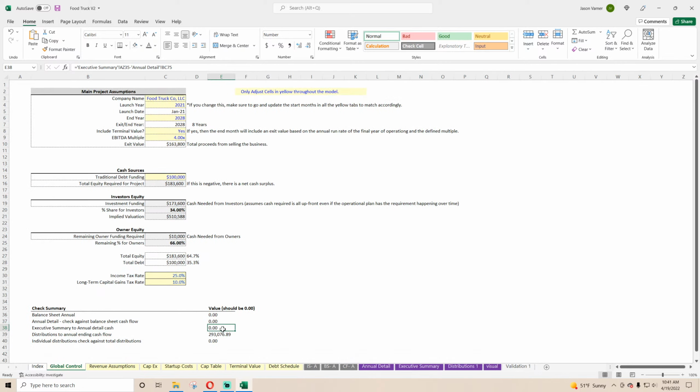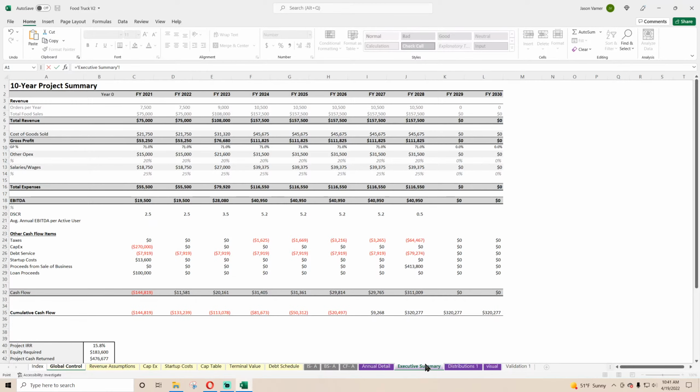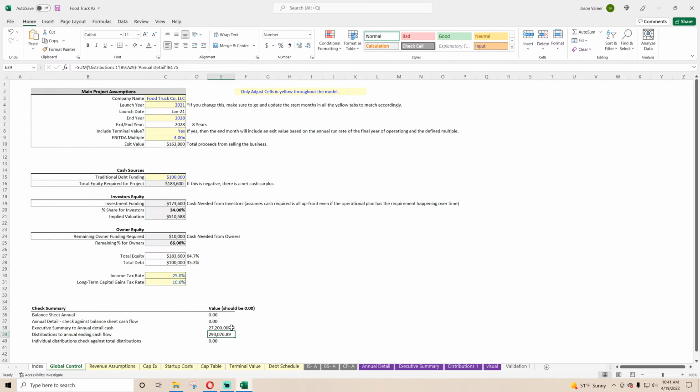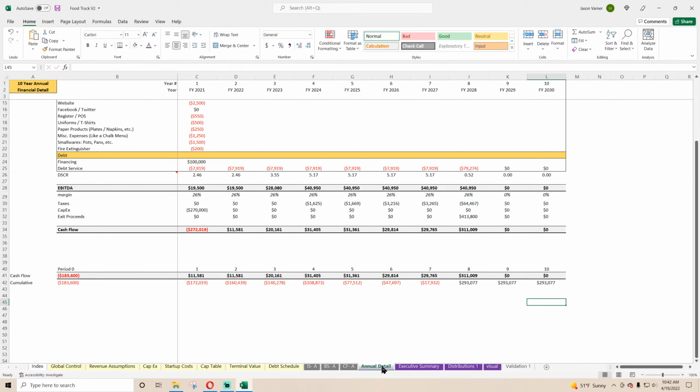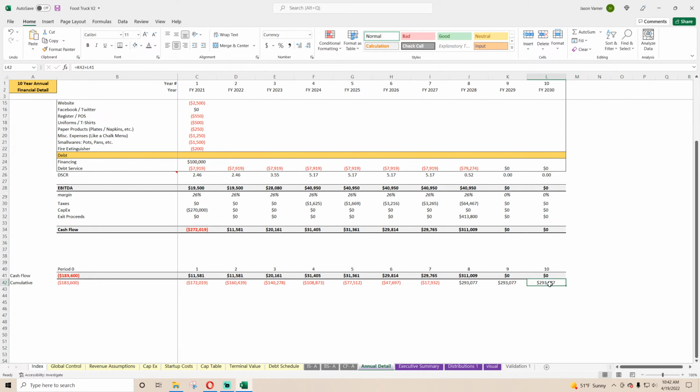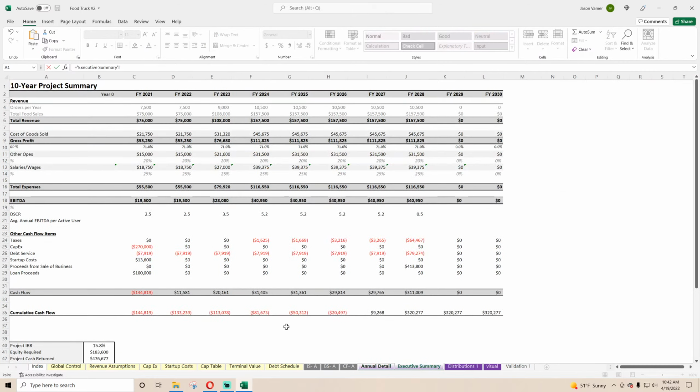Executive summary to annual cash detail. So that's going to be this number minus this, 27.2. Okay, hold on. So this is 320. This is 293. What are we missing there?